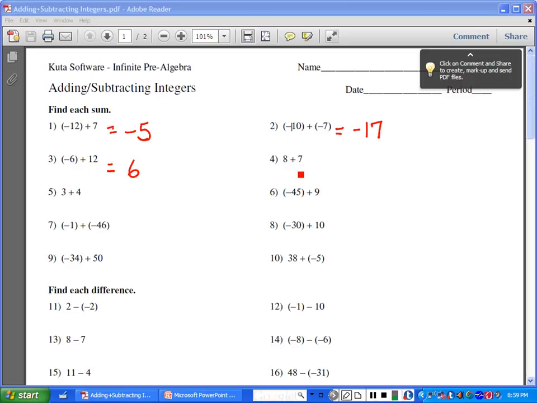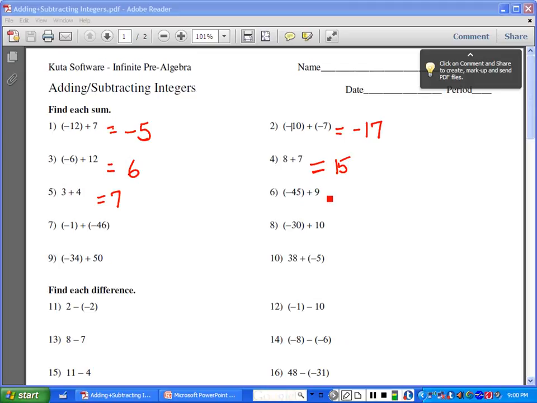Number 4, 8 plus 7. Really don't need a rule for that, but both of them are positive, so we do the sum. Same sign, sum. We get 15. 3 plus 4, we get 7. What about negative 45 plus 9? Now we have different signs here, so do the difference or subtract.